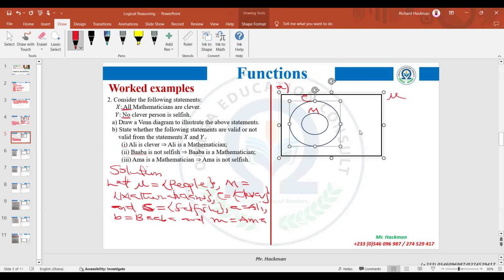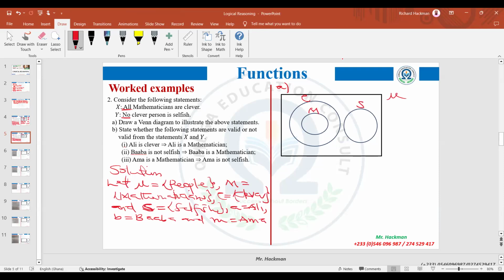So what I'm going to do is copy and paste, and move it to the side, making it a bit small so that it doesn't overlap. This is representing my set S. Is my point well made?